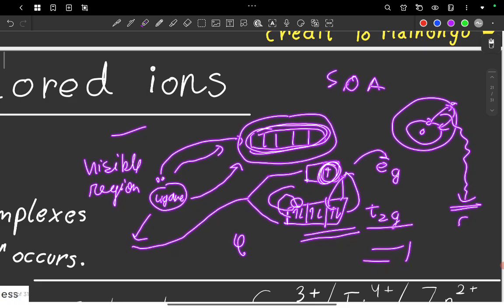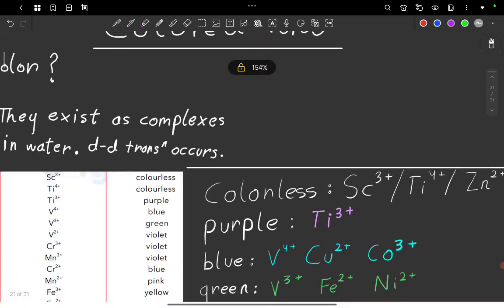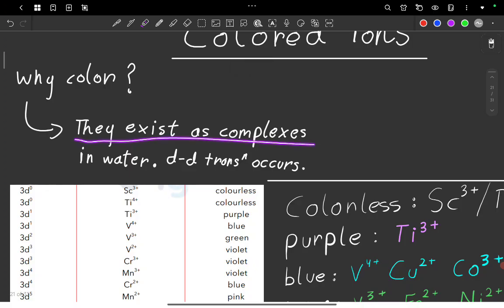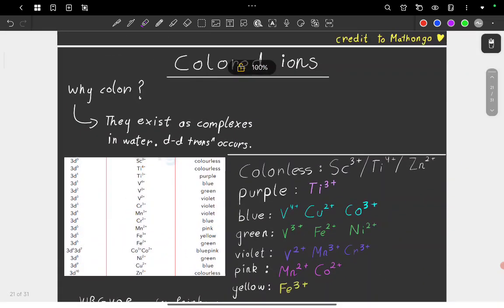This is what we call a d-d transition, because it goes from one d subshell to another d subshell. And also they exist as complexes. Basically they will form entities like this in water, where water will be donating lone pairs to this central atom's d subshells.